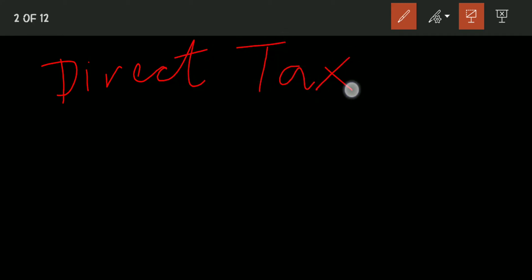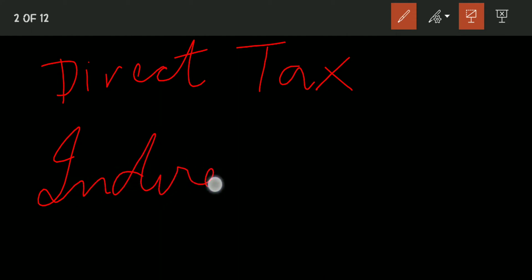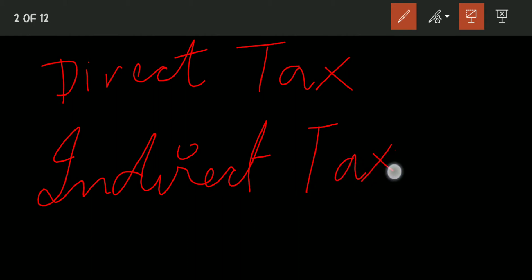There are two types of taxes: first of all, direct tax, and indirect tax. Direct taxes are those taxes whose impact and incidence lie on the same person.